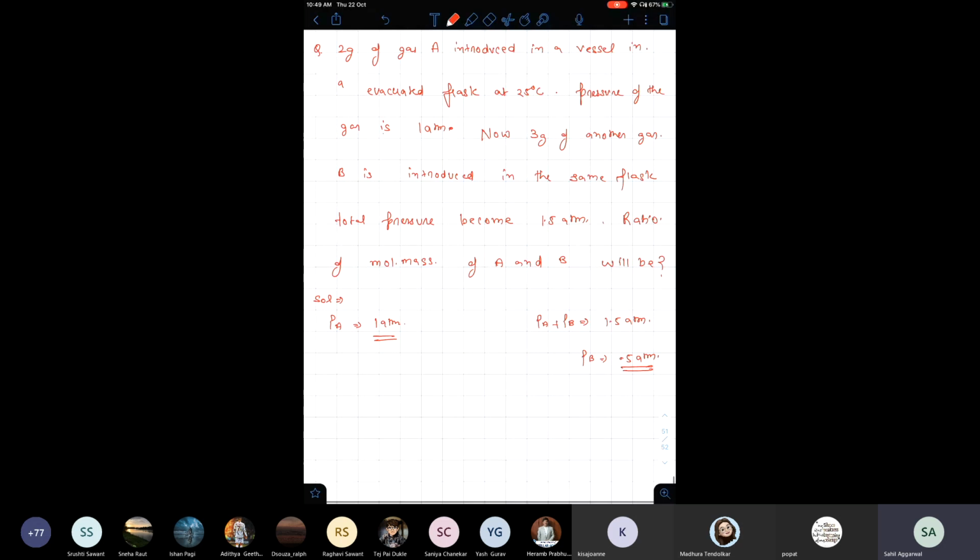We know that the ratio of partial pressures is equal to the ratio of moles. Now, what is mole? Given mass upon molar mass.